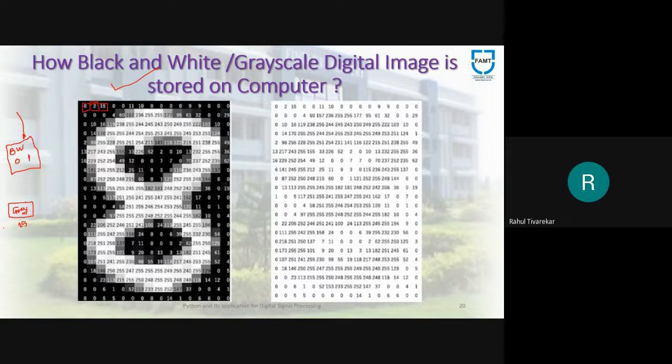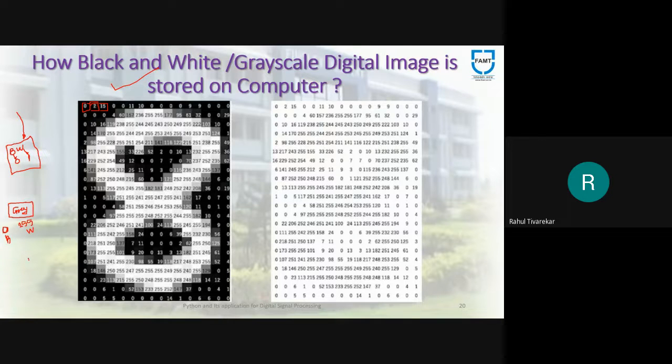In that grayscale image, 0 represents pure black and 255 represents pure white. In this case this is black and this is white, and in this case this is black and this is white. In between 0 and 255 there will be varying intensities from black to white.